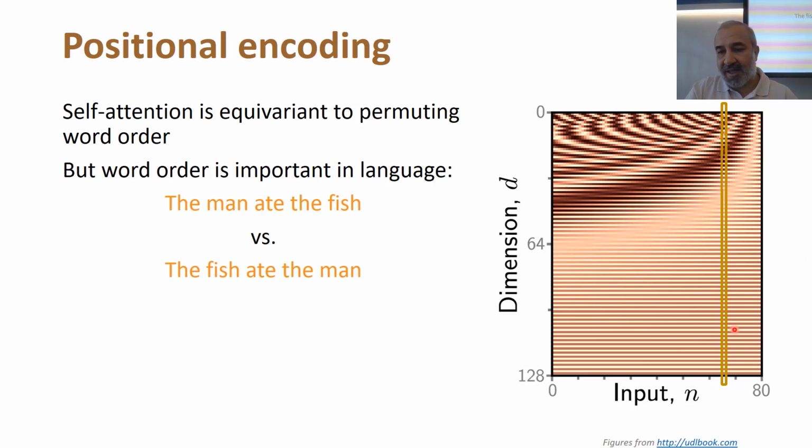The word at that position will have this vector as its positional encoding vector. Every column of this matrix is unique, different from the others. Of course, colors here indicate numbers. So every column is different from the others, which means they are unique across the words and relatively similar to the neighborhood.